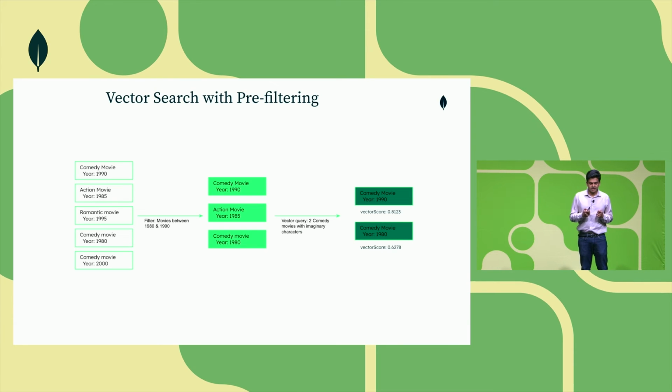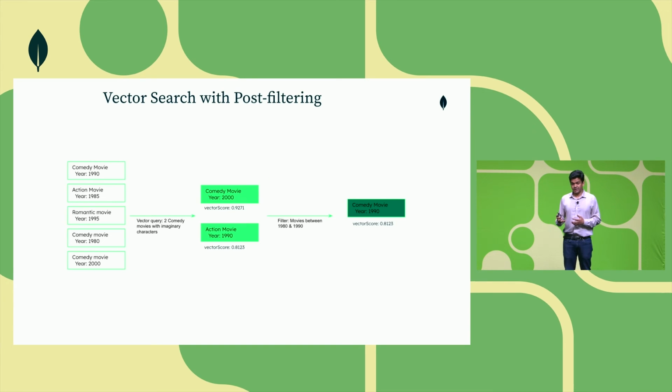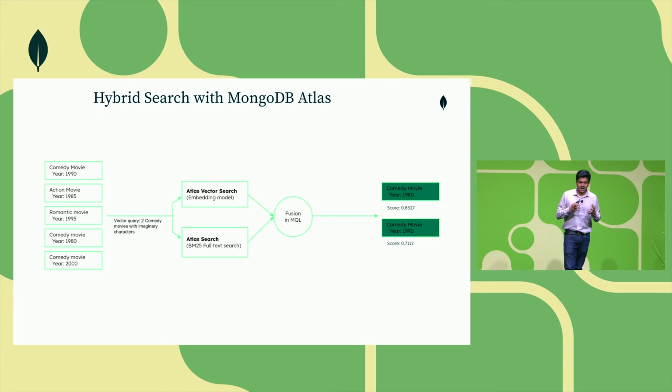Pre-filtering, being able to do your vector search first and combining that with metadata filtering, brings a bunch of improvements in your accuracy. Post-filtering has implications and leads to different results. And then there is this thing called hybrid search, right? Launching a query with vector search and Atlas Search and combining them gets you great results in some out-of-domain cases, where your embedding model is not trained on that kind of domain.